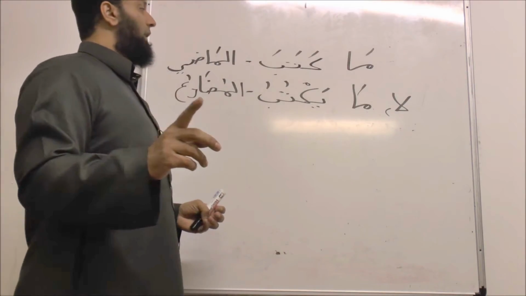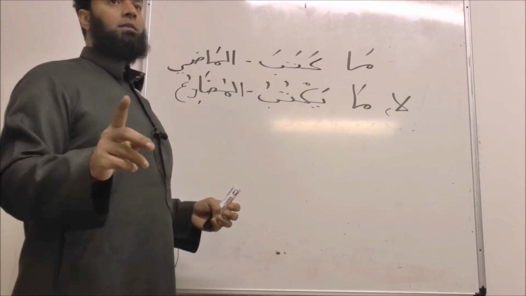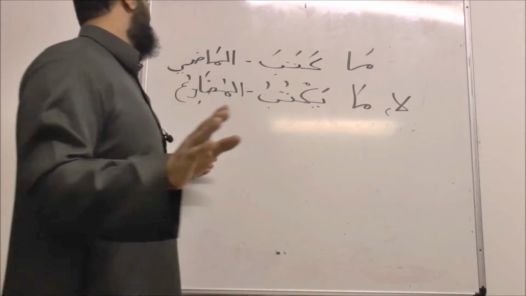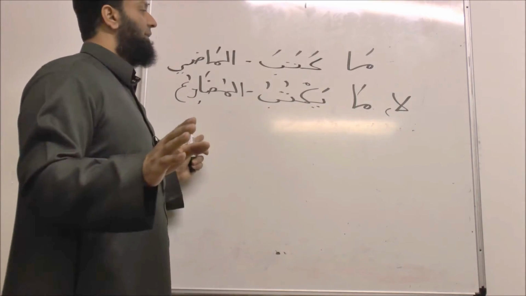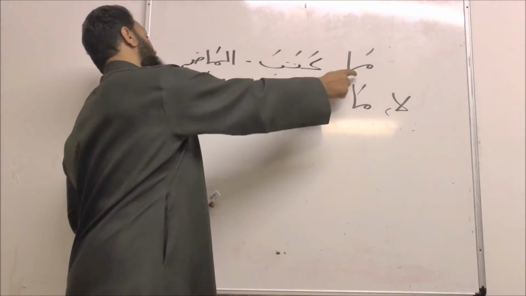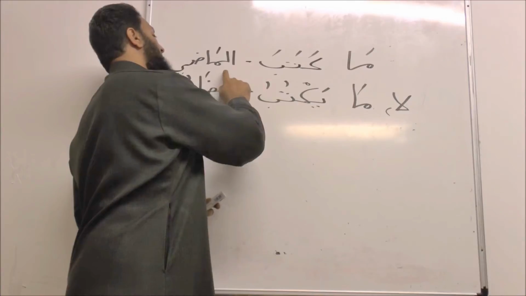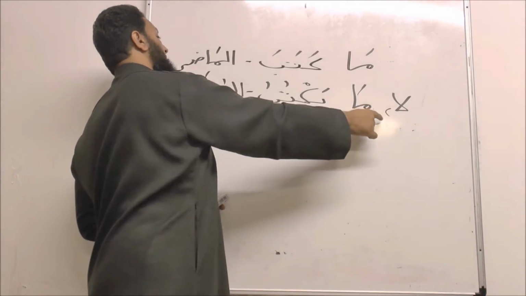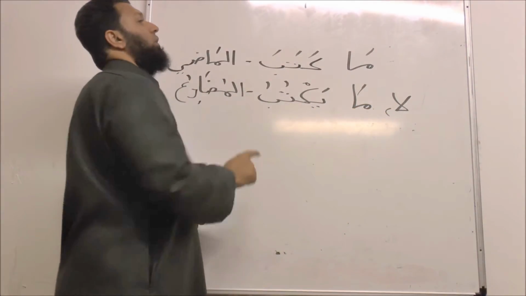I told you this one was easy. Clear? So that's straightforward so far. كتب is negated with the ma, and that's al-madi. يكتب is negated by la or ma, and that's al-mudari'.